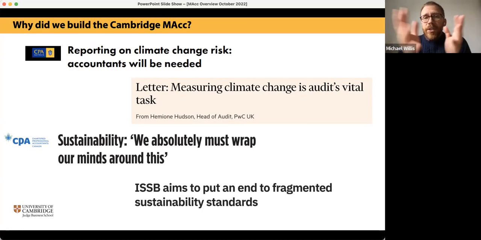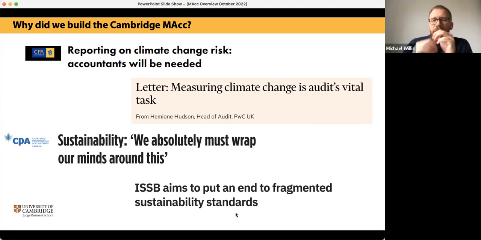Getting quite a lot of attention right now is climate and the amount of information related to firm strategic resilience to climate change. So a very new and different type of disclosure is being demanded in the market.